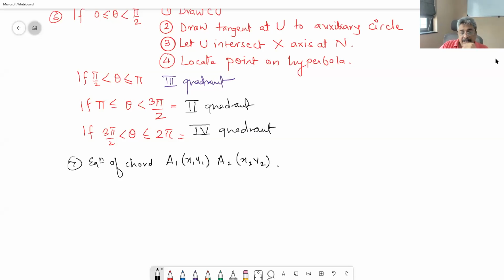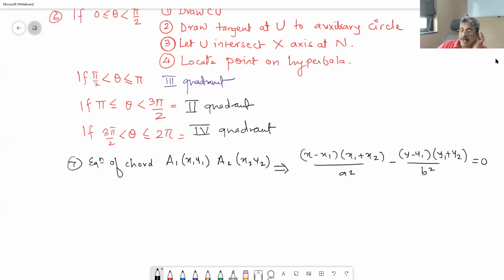The answer is (x minus x1) into (x1 plus x2) upon a square, minus (y minus y1) into (y1 plus y2) upon b square, is equal to 0. Same procedure that we adopted for parabola and ellipse, you will get it.